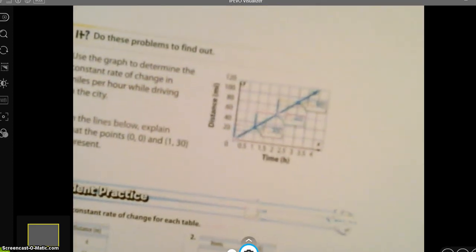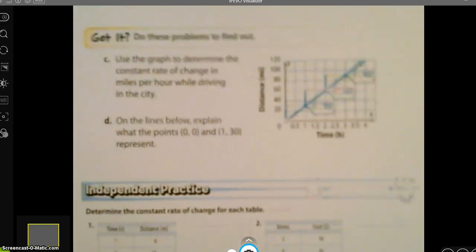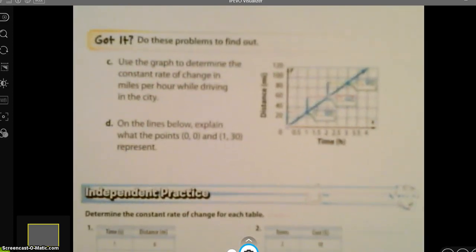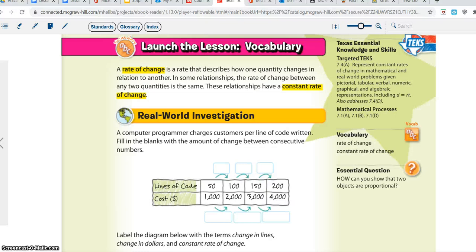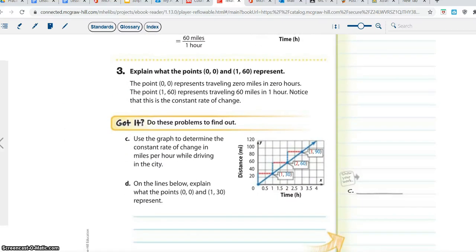Let's look at, I believe this is on page 188. So I'm just going to double check. At the bottom, yes.